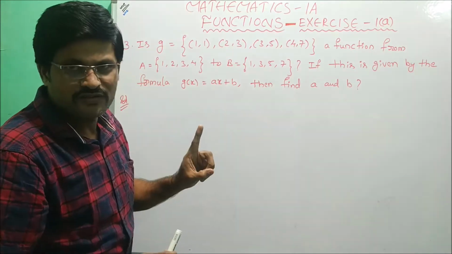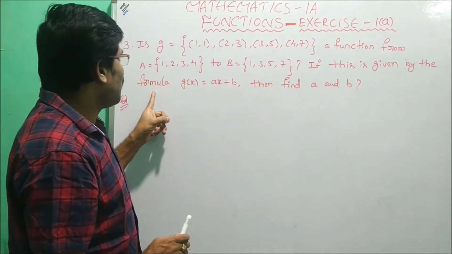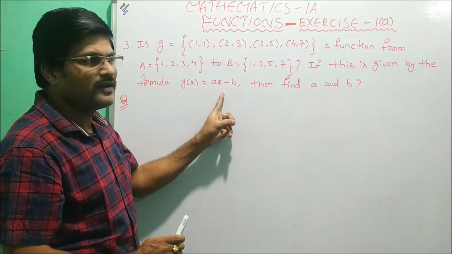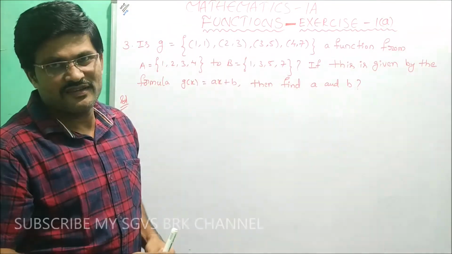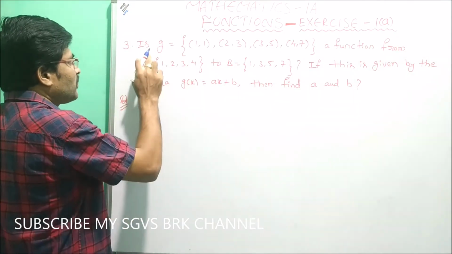That is the first part. And if the relation is given by the formula G of x equals Ax plus B, then find the values of A and B using these conditions. So now the solution.